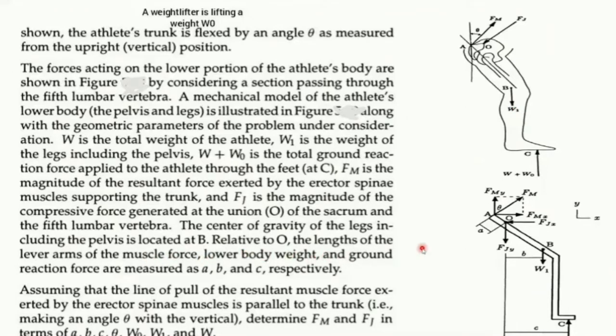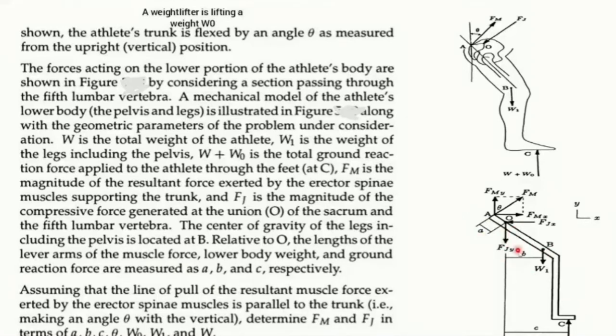Relative to O, the lengths of the lever arms of the muscle force, lower body weight, and the ground reaction force are measured as small a, small b, and small c respectively. That is the distances between them. See here, the distance OA is small a, and OB and OC are small b and small c.